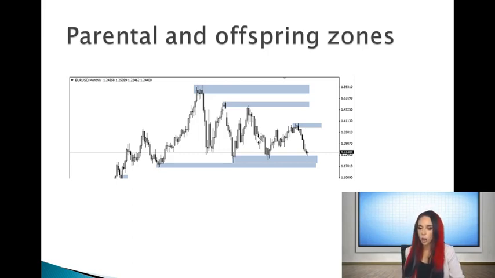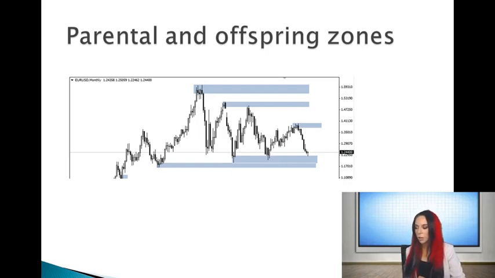Now, offspring zones can sometimes have another third reaction from them, but in a lot of the cases, the price will go all the way back to the parental zone. In that case, offspring zones, such as the one you see here, have a slightly lower probability of working out or getting you that bounce that you're looking for.